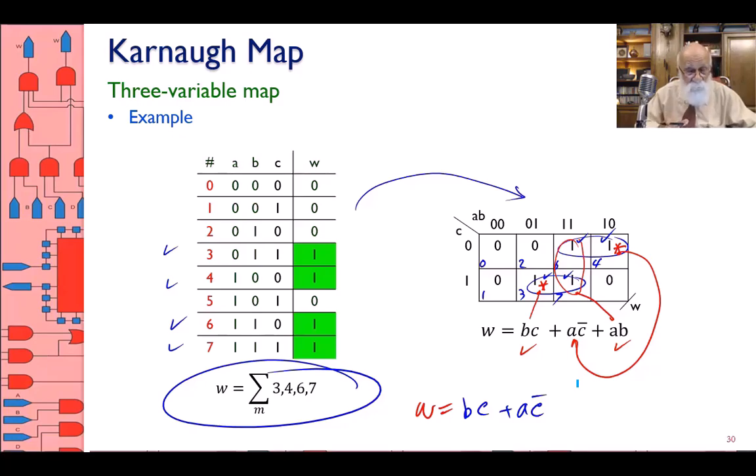If they're all covered, that's it. If they're not covered, then look for more prime implicants. How about the red one? The red one is a prime implicant, but for now is a useless one. And therefore, the term AB, which corresponds to that vertical one, is not needed. Okay?